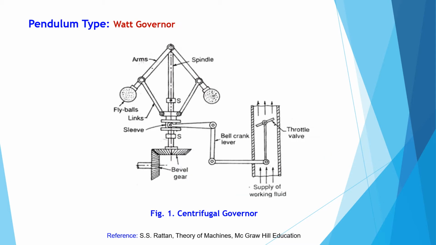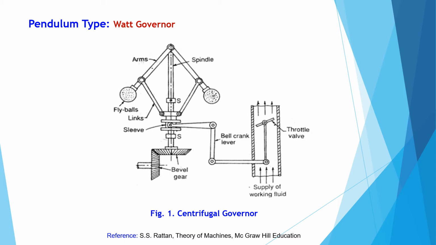This is the schematic representation of the Watt's or centrifugal governor. The engine shaft is connected to a bevel gear. On another bevel gear, the spindle of the governor is mounted. On the spindle, there are two stoppers.